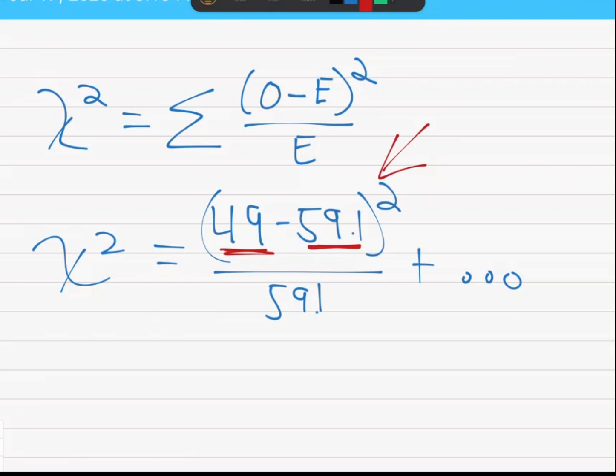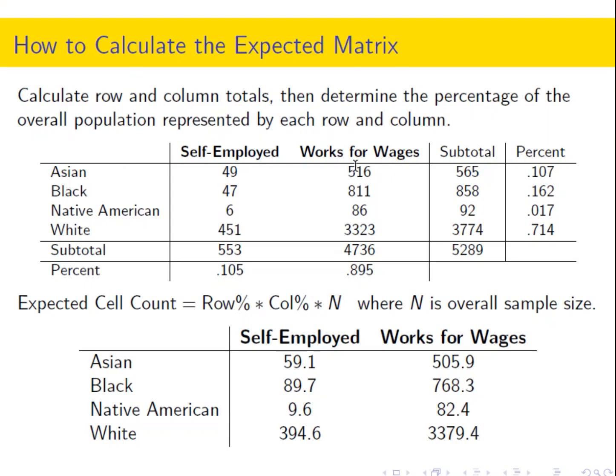It's corrected by the expected, so this isn't quite as big a term as you might think, but still, the further the observed data are away from the expected data, the bigger the chi-squared statistic gets, and therefore the probability that the null hypothesis is true gets very small. So the p-value goes down. As the chi-squared variable gets big, the p-value gets small.